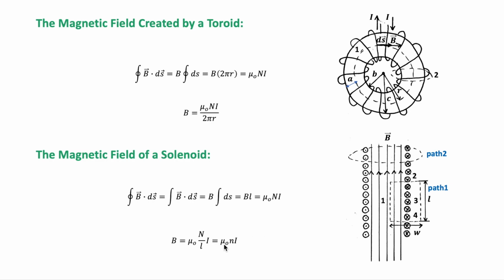B is equal to mu naught nI, where n, which is equal to N over L, is the number of turns per unit length. This equation is valid only for points near the center of the long solenoid. The field near the ends is smaller than the value given by this equation. Also, if you consider path 2, it encloses a small current producing a weak magnetic field external to the solenoid.